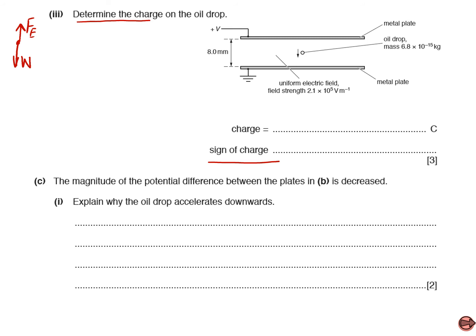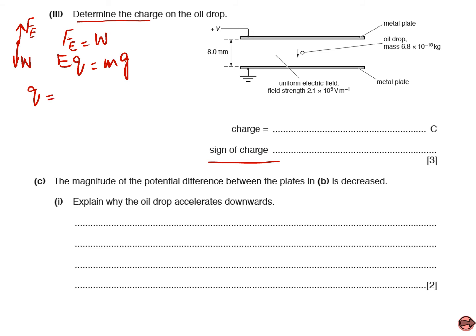So from here we can understand the electric force has to be equal to W, and W has to be equal to mg, and the electric force is equal to E times Q, so EQ is equal to mg. What we need to find is Q.